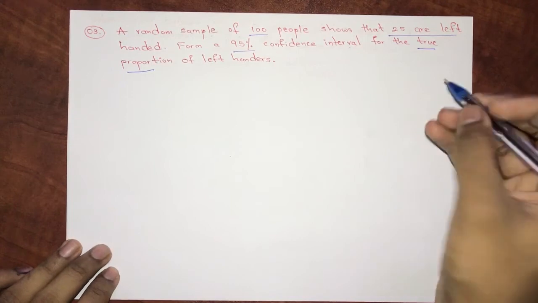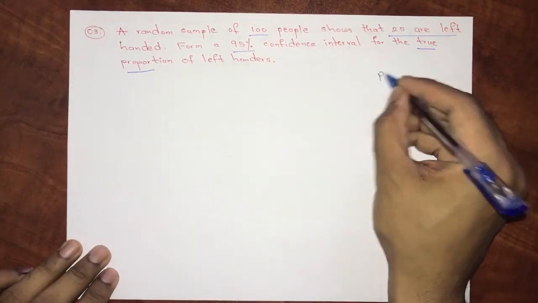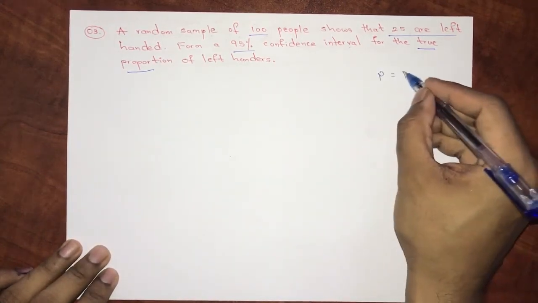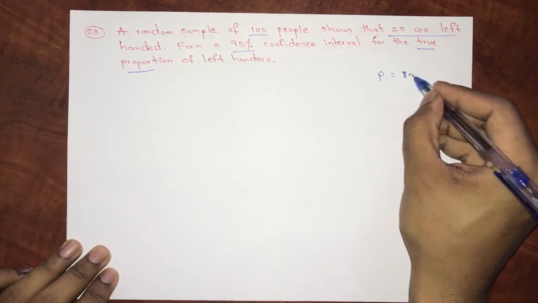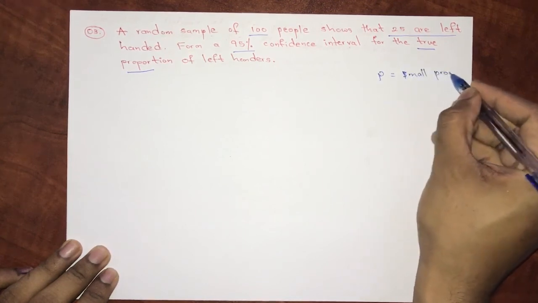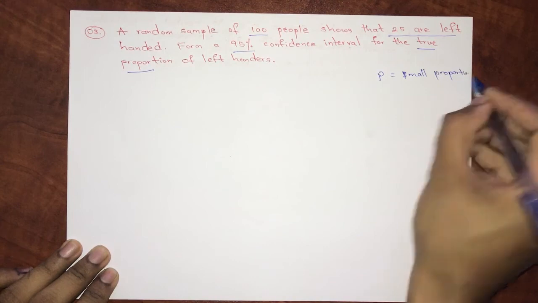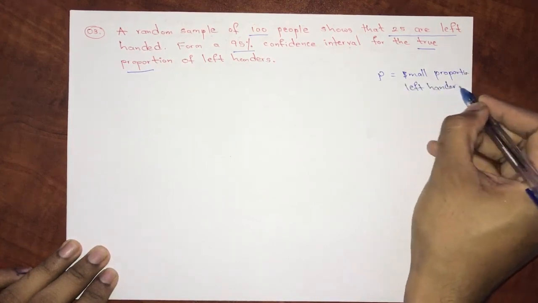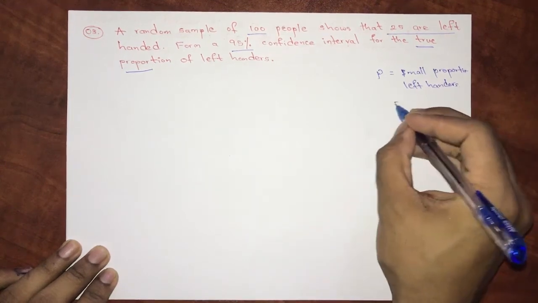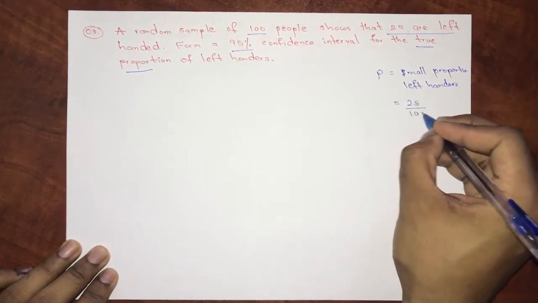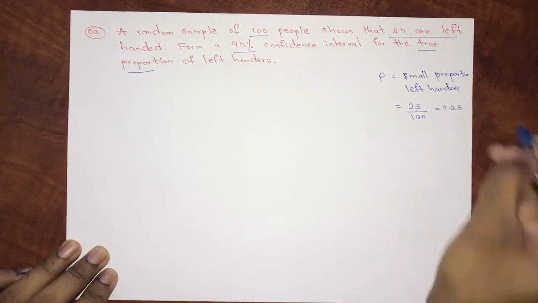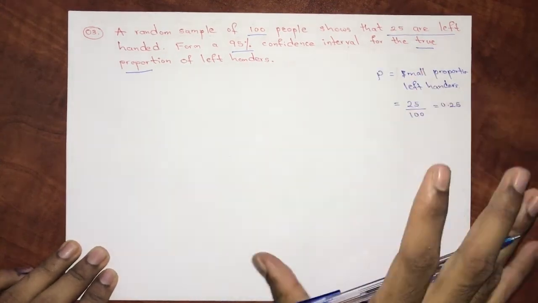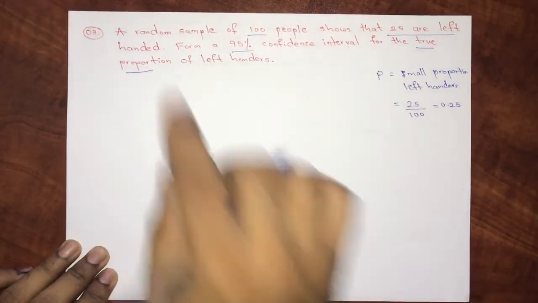So your simple p would be the sample proportion of left-handers, and that is given by 25 over 100, which is 0.25. So in this case, they are talking about a confidence interval for the true proportion.